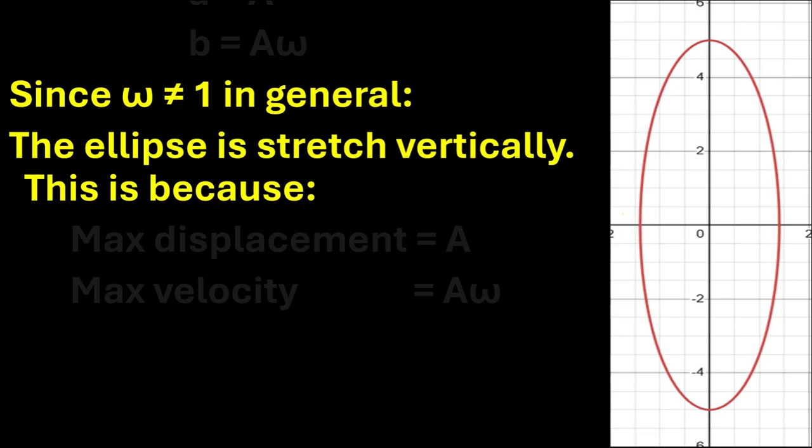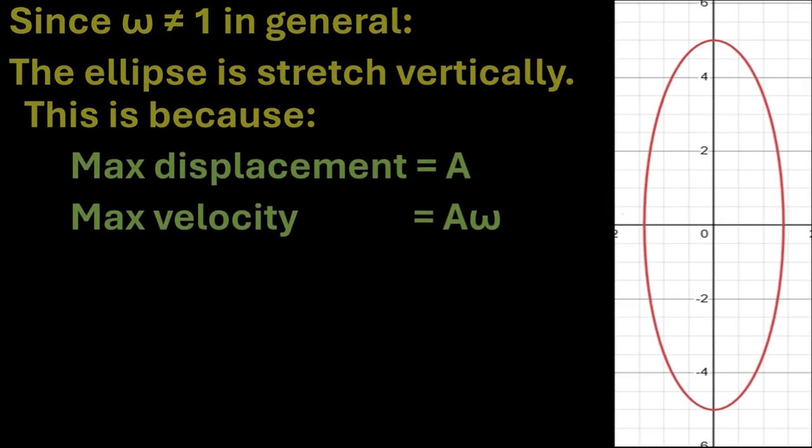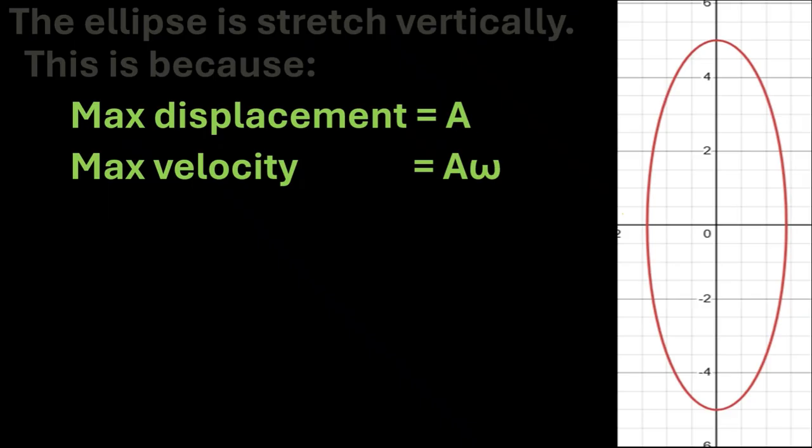You might be wondering why the ellipse is vertical here. Because maximum displacement is A and velocity is A omega, which is this vertical region here. So velocity A omega is omega times displacement. This is the maximum displacement, and it is omega times, which means it is multiplied by a factor of omega, and therefore the y-axis will be larger than the x-axis.